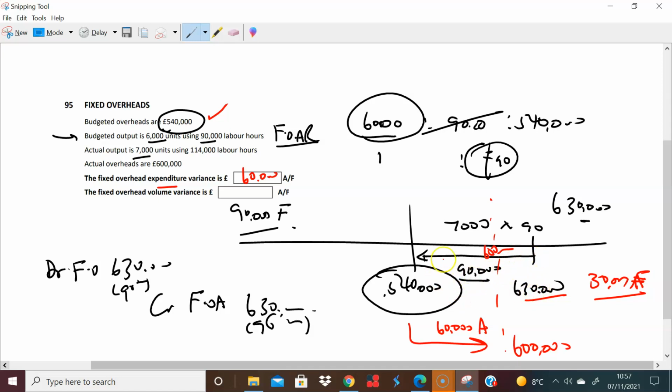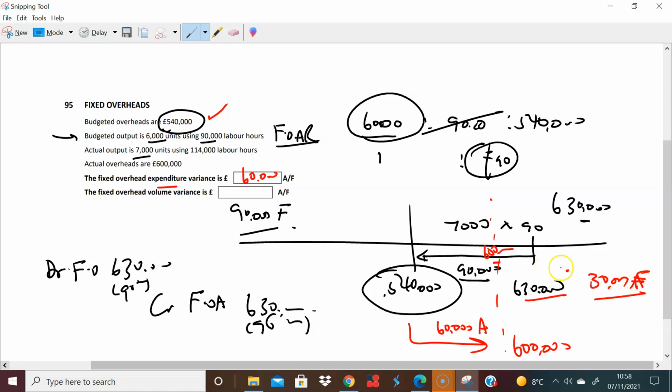So you have put in 600, and your actual overheads, why have I got 600? Yes, the actual overheads are 600,000. Your accounts are showing 630,000. And you would have said, oh, we have a £30,000 favorable variance.